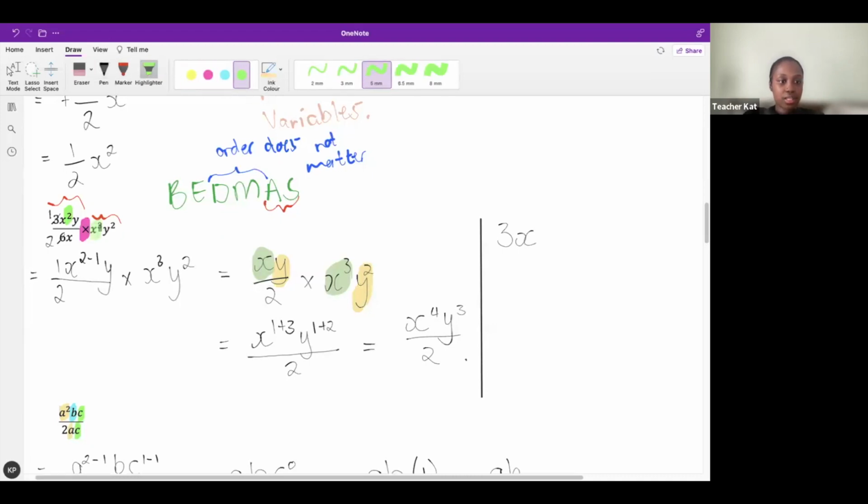There's x over there. So it's x to the power of what plus what? 2 plus 3. Thank you. And then it's going to be y to the power of what plus what? 1 plus 2. Nice, guys. And this is still all over 6x because we said we're starting with multiplication.